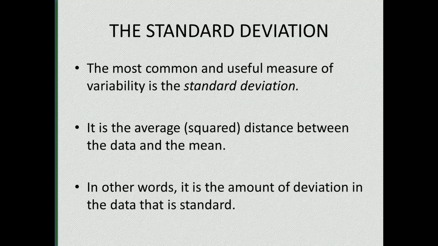It's amazing how we come up with this term. Seriously, if you simply think about what the words mean, it typically tells you how to find them. We are looking at the amount of deviation, of difference, of variation that is standard, that is typical, that is ordinary.